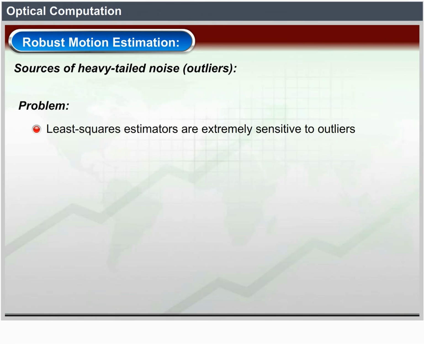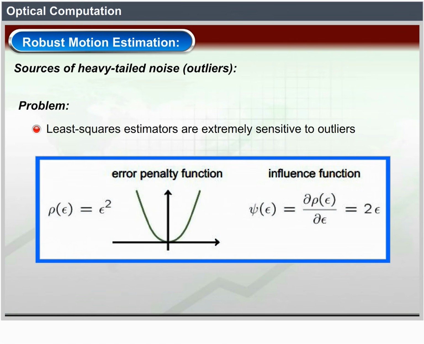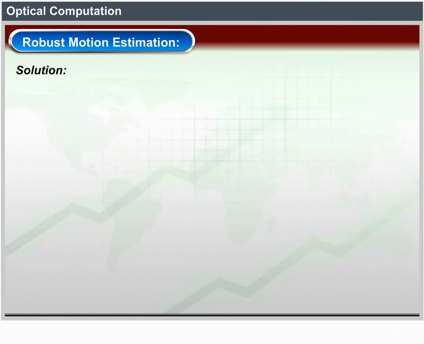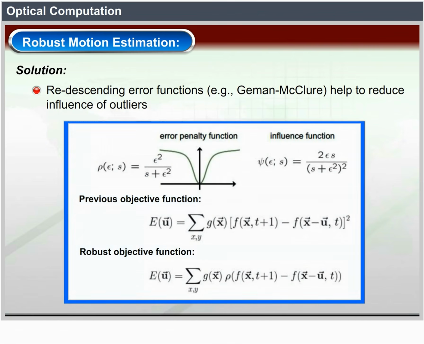The error penalty function and influence function are displayed on screen. Solution: redescending error functions. For example, Geman-McClure helps to reduce influence of outliers as shown on screen. Previous objective function, robust objective function.